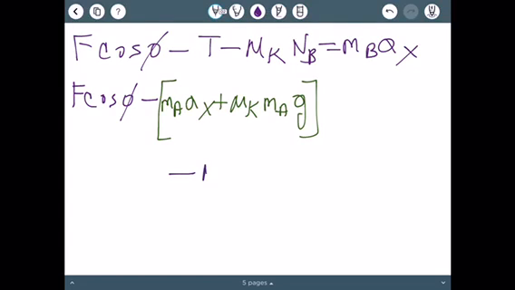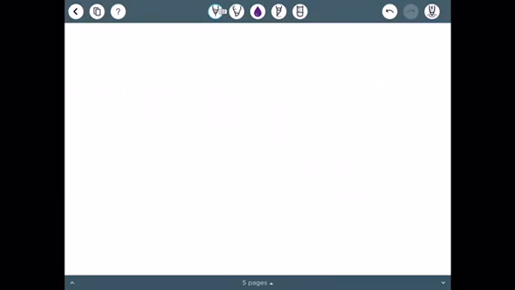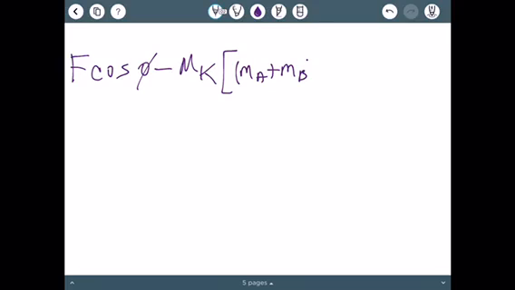So this problem is not so much conceptually difficult as it is just algebra difficult. There's a lot of expressions to keep track of. So then you just solve for the acceleration AX from that long equation we just wrote down.